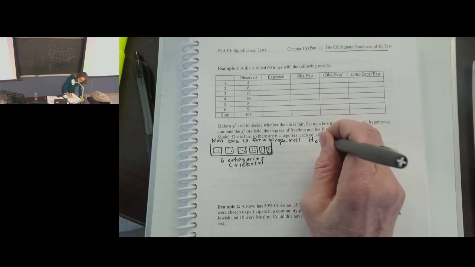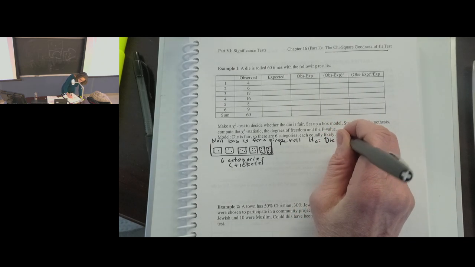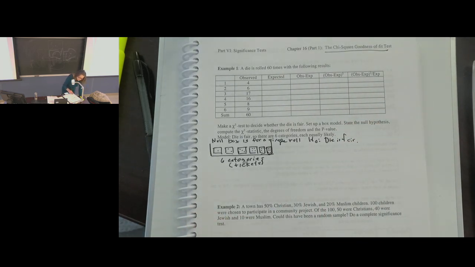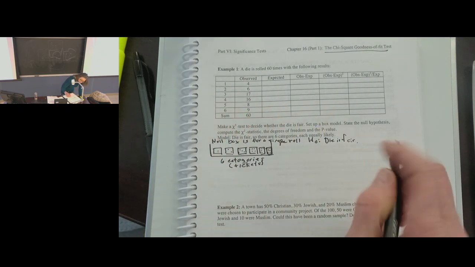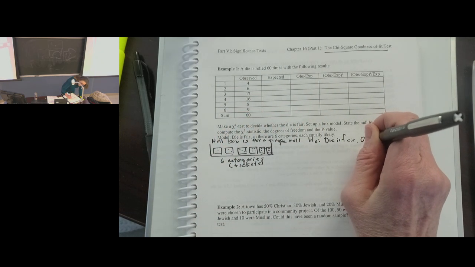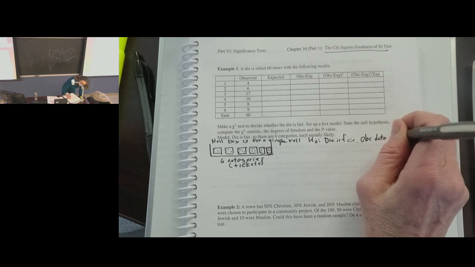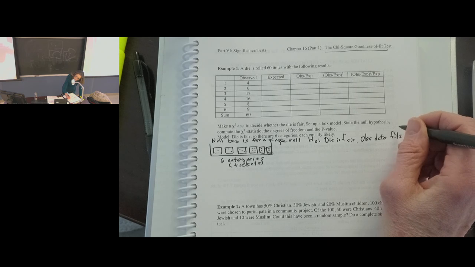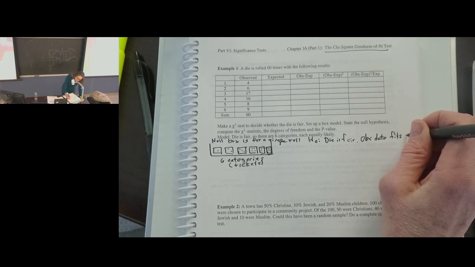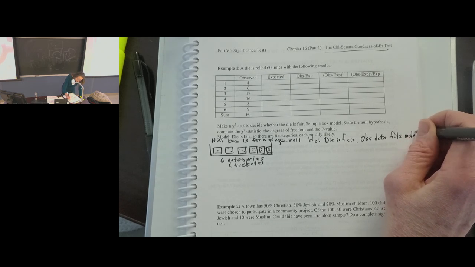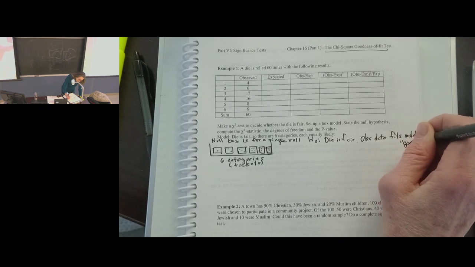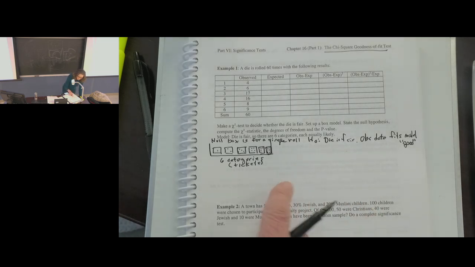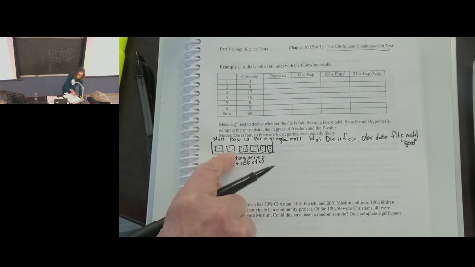So the die is fair. And what you're thinking is that our observed data, this is what we did to test it, fits this model good. Because it's called the goodness of fit to help you remember it, right? That this is consistent with this model.